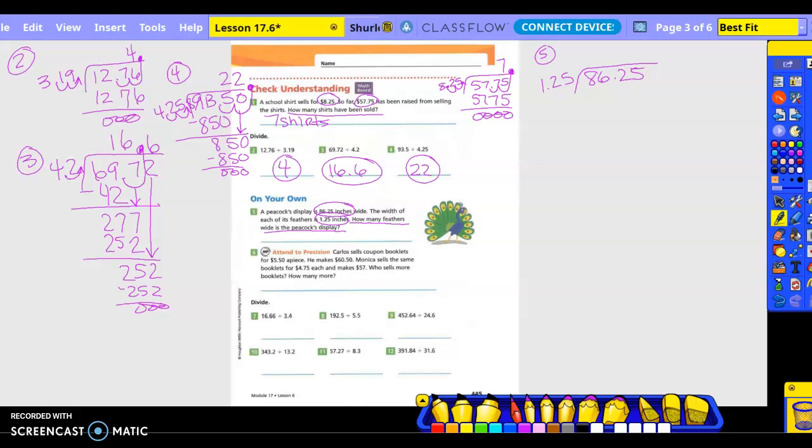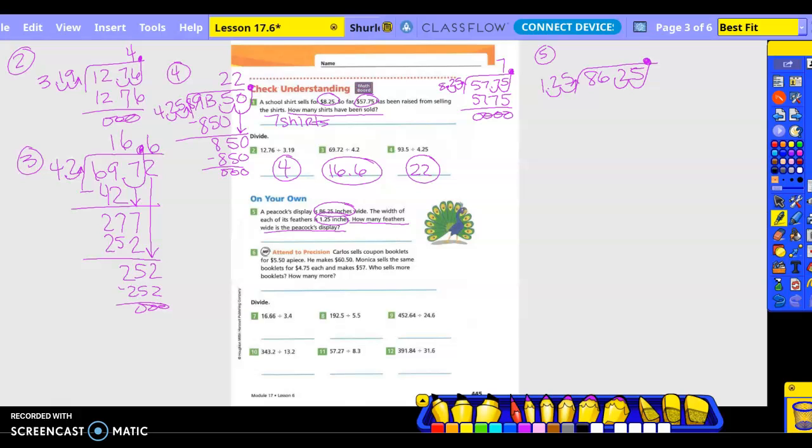Okay. Can I divide by a decimal? No, I cannot. So I'm going to multiply it times what? By 100. So I'm going to move it twice to the right. And then what I do to the divisor, I have to do to the dividend. Okay, so 125, does it go into 8? Nope. 86?